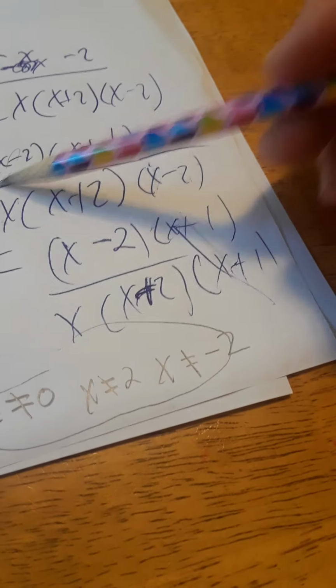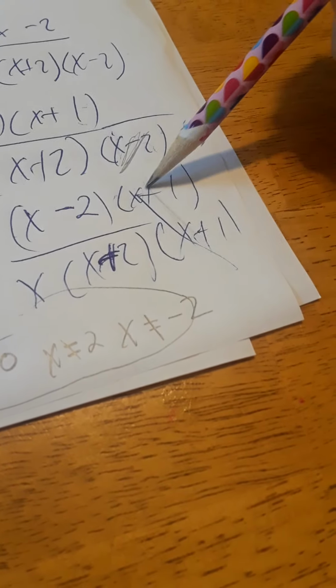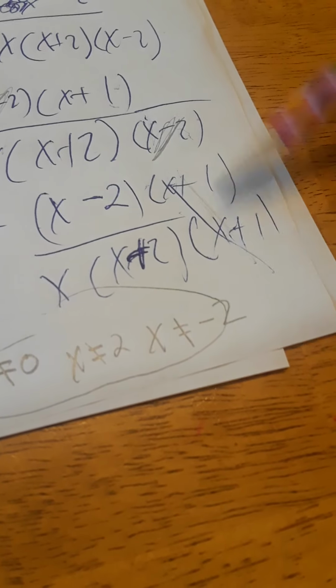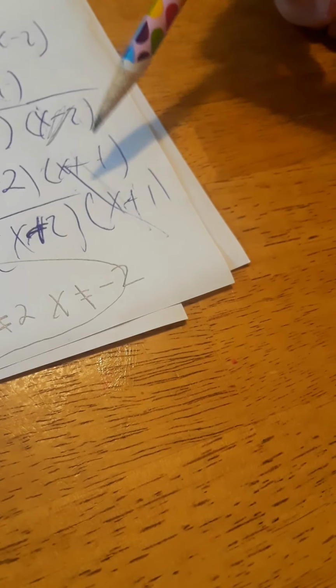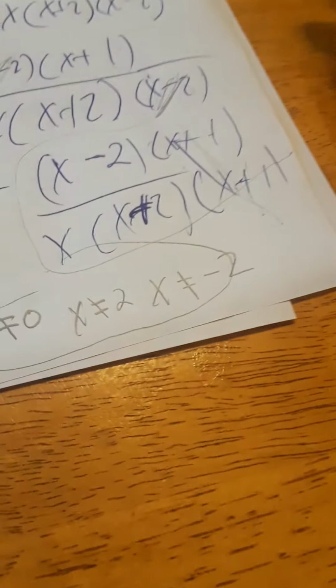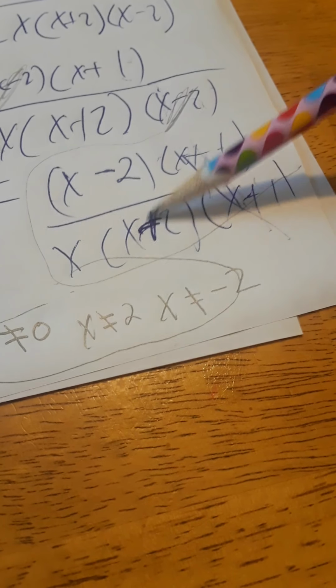Oh, the x minus 2's cancel out. My bad. I had the wrong thing. So the x plus 1's don't cancel out. Actually none of that cancels. Sorry, so it's actually just that: x minus 2, x plus 1, over x plus 2, x minus 2.